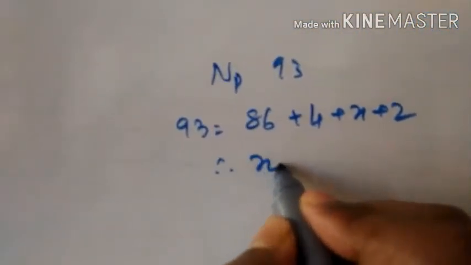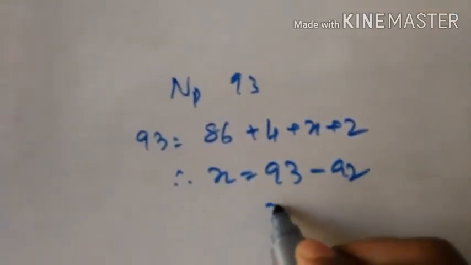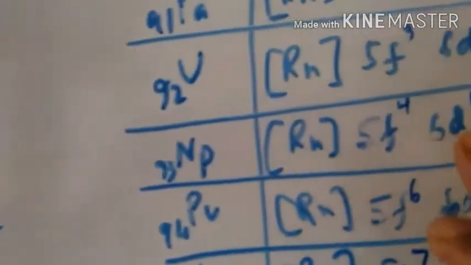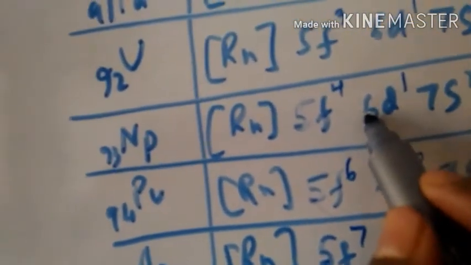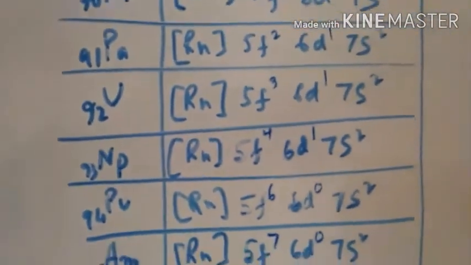Now if we calculate, X equals 93 minus 92, so X equals 1. So for neptunium, in the 6d portion, only 1 electron has come.